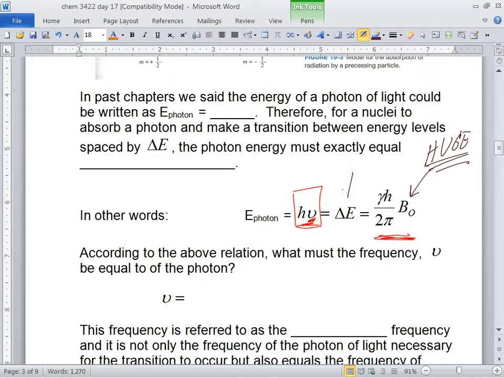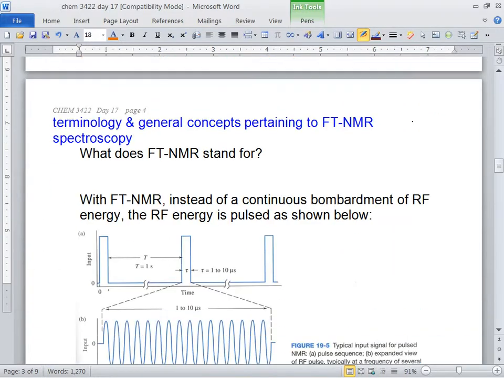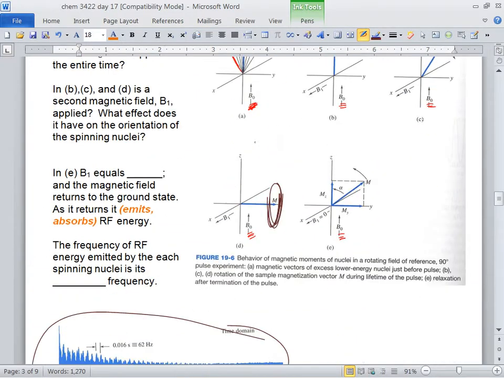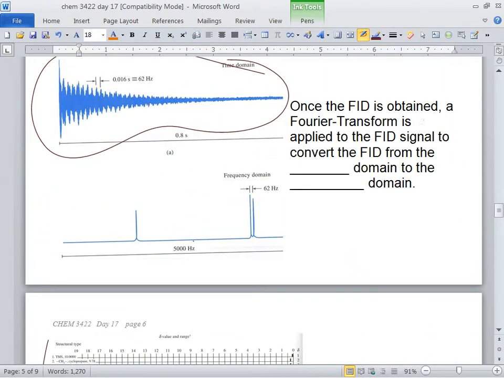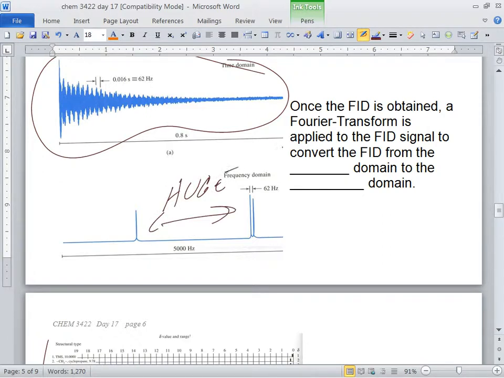Then this is going to be huge. And if you have huge energy splittings, where's a plot of my NMR? Here's one. This is going to be huge. The idea is resolution. Just imagine the resolution you'd have.